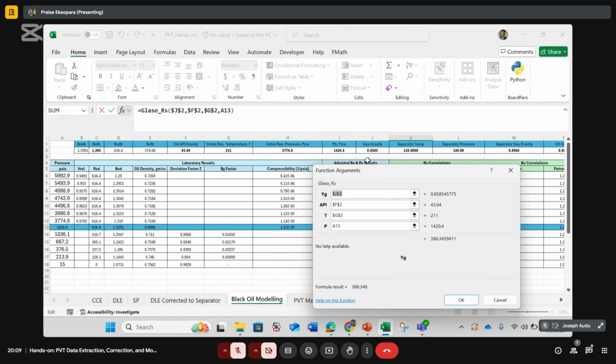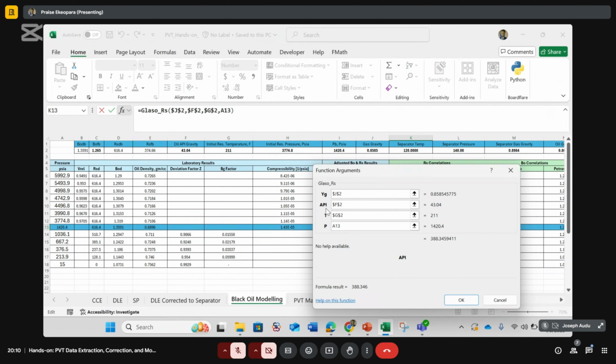Because it's a single value, I need to lock it, because Excel has what we call referencing. We have relative referencing and absolute referencing in Excel. When we lock, as we are dragging down, that value will remain the same, and that's what we want to achieve. If we don't put the dollar signs, it will just take values sequentially down and alter our value.